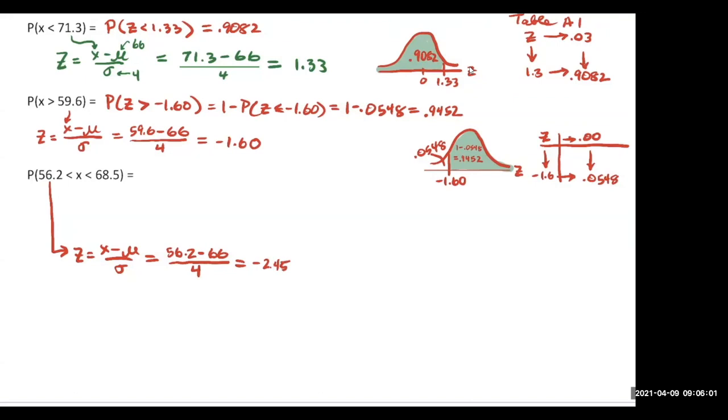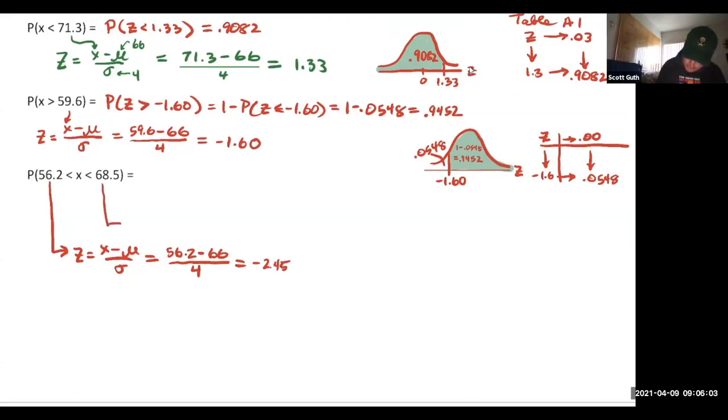And then we have to do the other boundary now. Okay, and we'll round to 2 places.